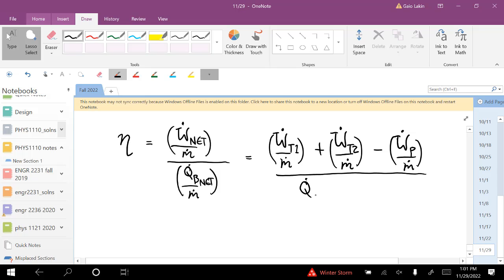So Q dot for boiler 1 divided by m dot plus Q dot for boiler 2 divided by m dot.